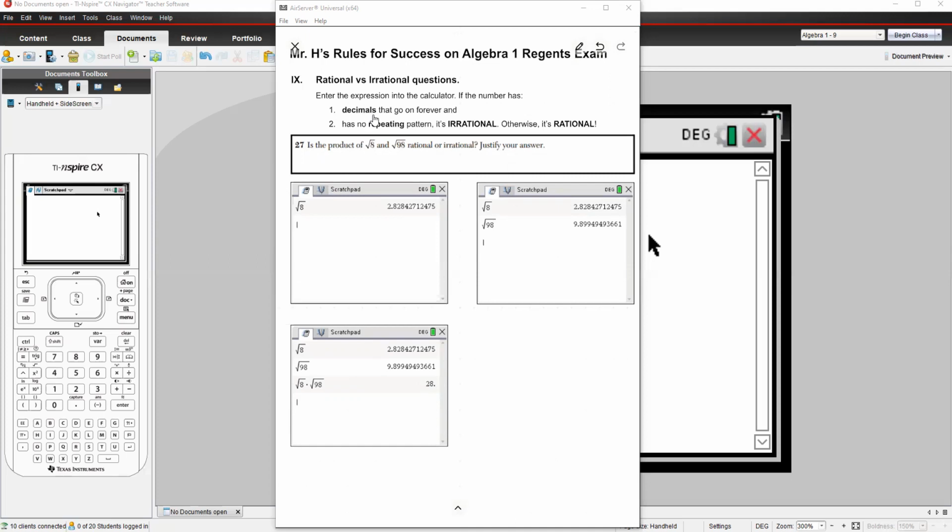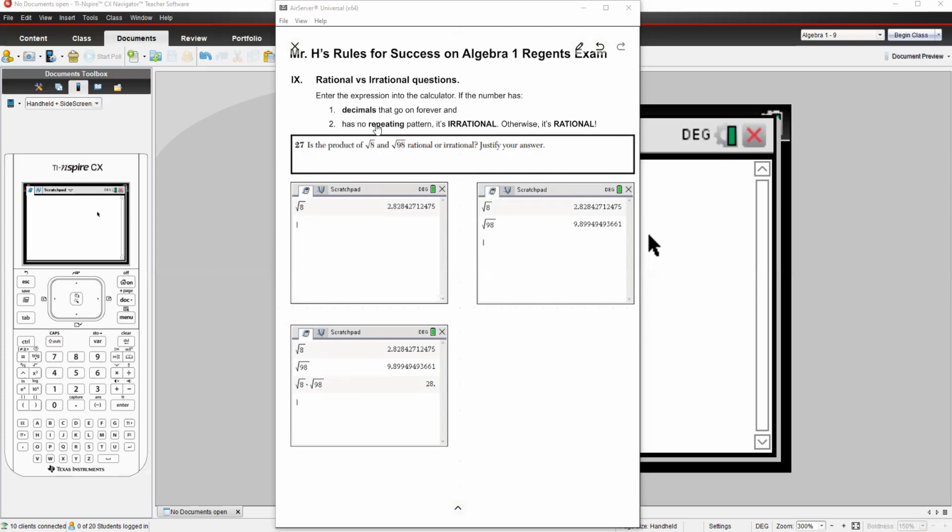Now, basically, there's two types of real numbers, rational versus irrational. I'm going to try to make this as simple as possible. When you look at a number, if that number has decimals that seem to go on forever, that's one of the conditions for a number to be irrational. The second part is that there cannot be a repeating pattern.